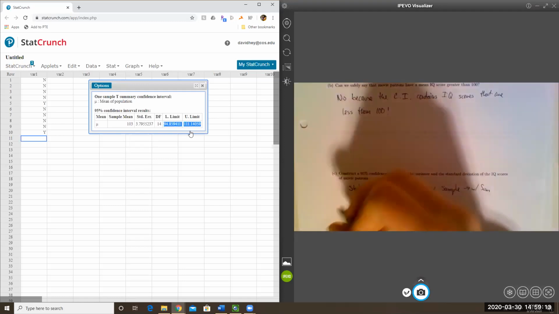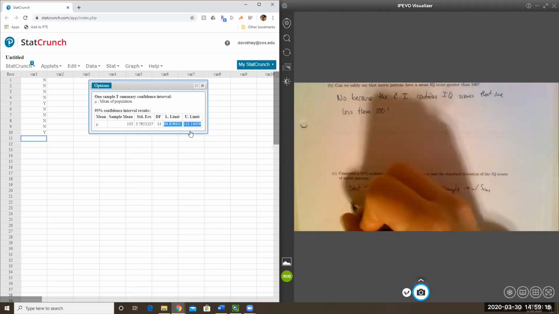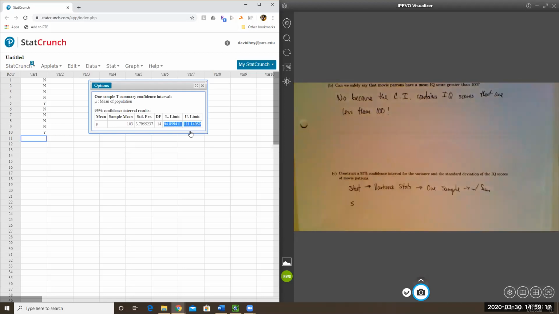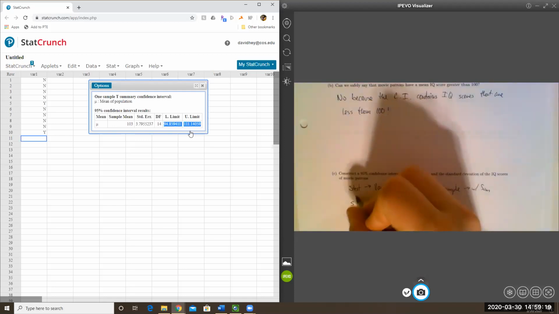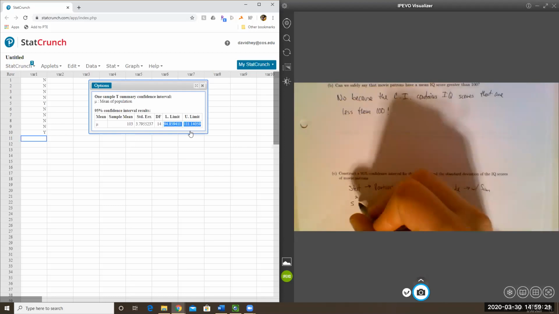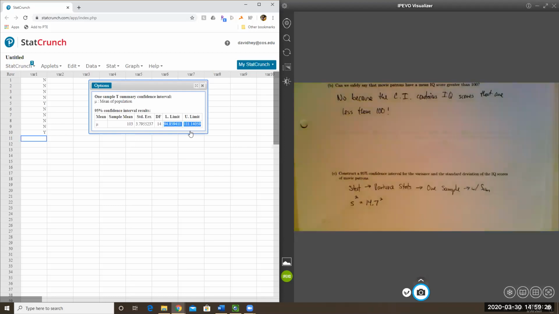So if we're prompted for the sample variance, we're not going to put in S equals 14.7. We're going to put in S squared equals 14.7 squared.